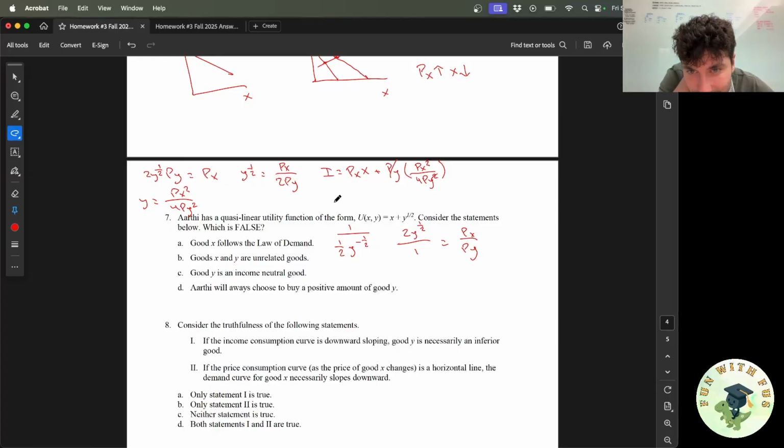If I were to factor this, I'm seeing a px that's common. But maybe I'll just get rid of this thing first.